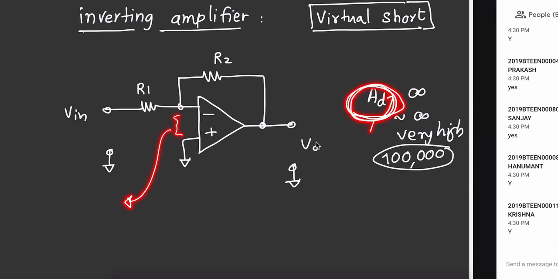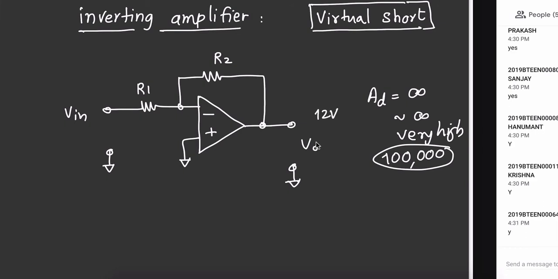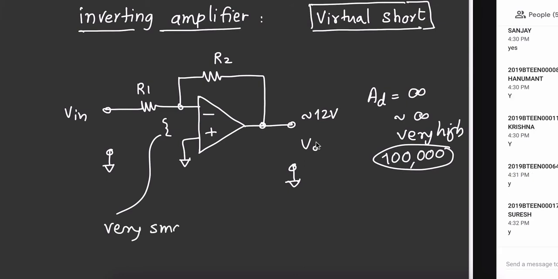If the gain is very high, for producing output such as 12 volt, it will require very small input. Around 12 volt, the differential input is required to be very small. If you do 12 volt divided by 100,000, you will get some value which is in few microvolts. Everybody agreeing with this?